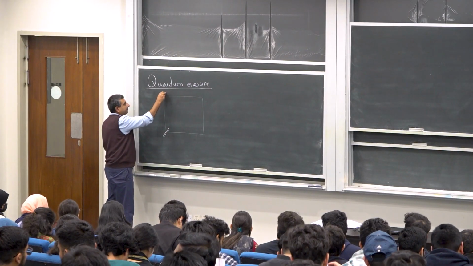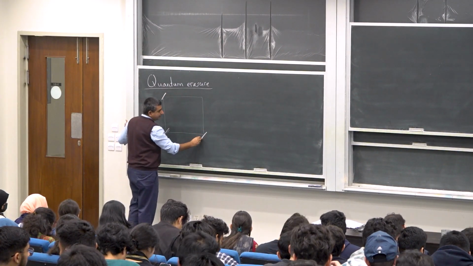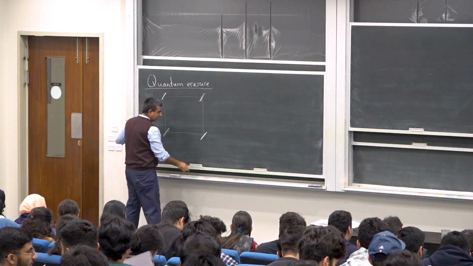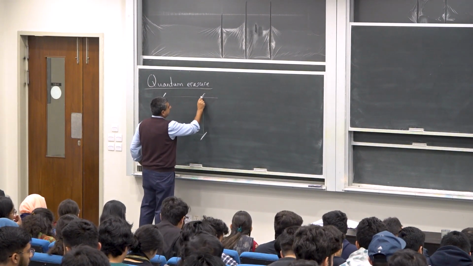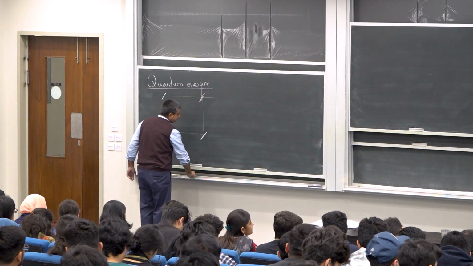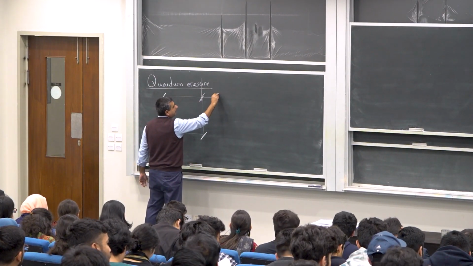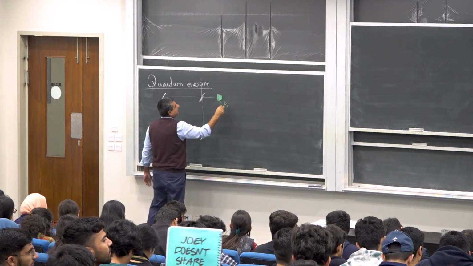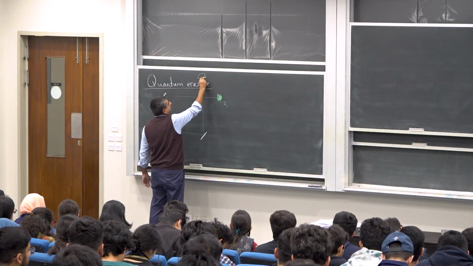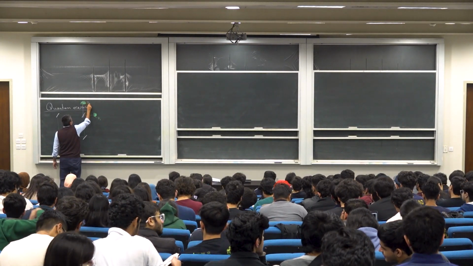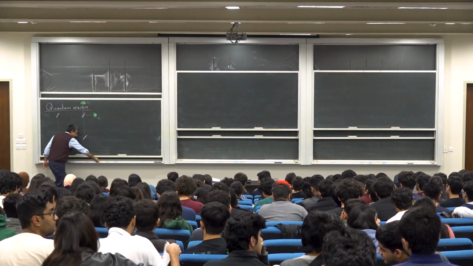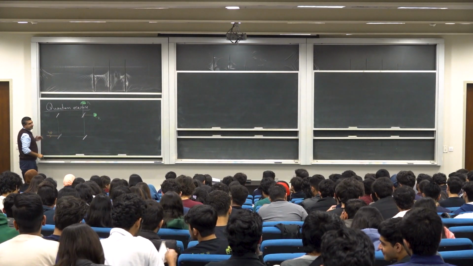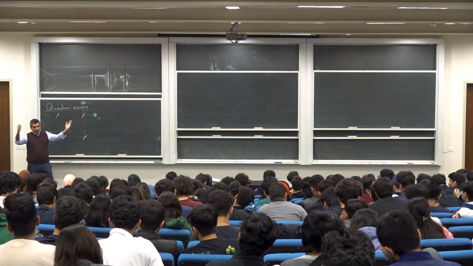So our archetypal interferometer: a beam splitter, two mirrors, perfect mirrors, and two detectors, D1, D2, and our photon comes in in the state ket 0, and this is the path degree of freedom, and we know what's going to happen.